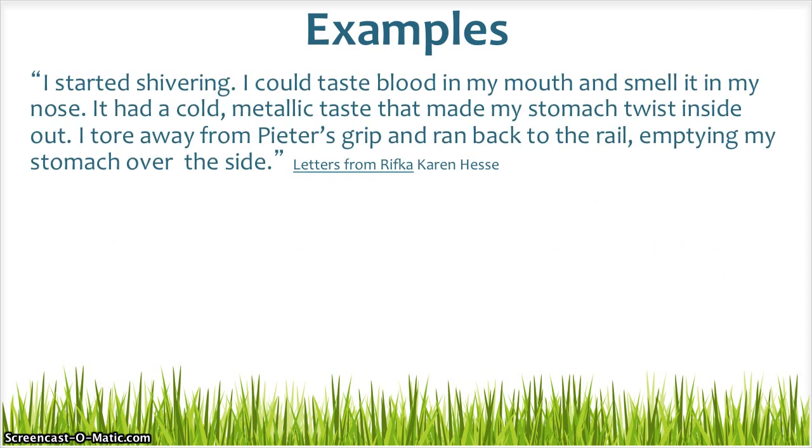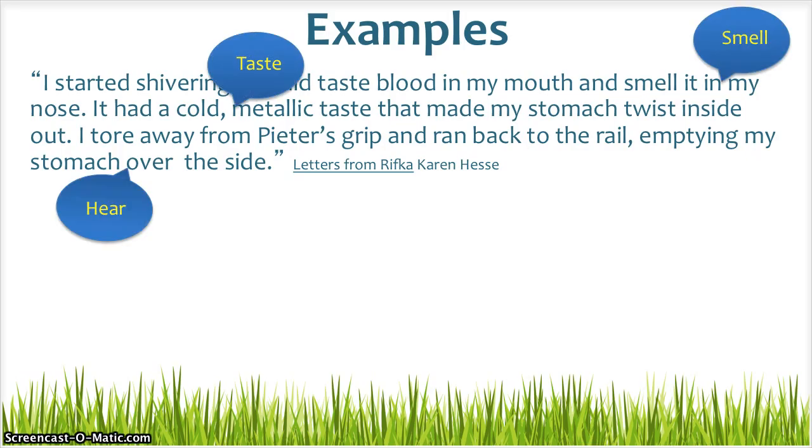"I started shivering. I could taste blood in my mouth and smell it in my nose. It had a cold metallic taste that made my stomach twist inside out. I tore away from Peter's grip and ran back to the rail, emptying my stomach over the side." Alright, now this is a pretty powerful description because Karen Hesse uses 3 of the 5 senses in her description.